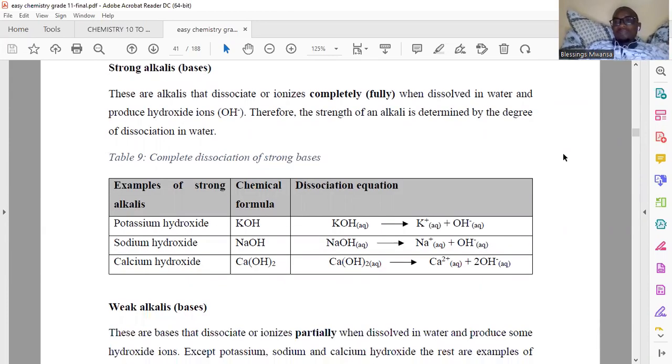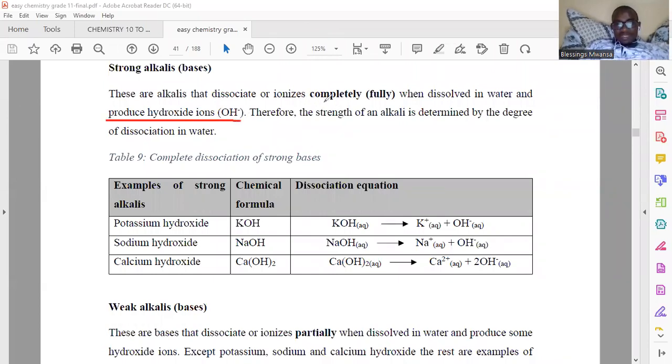Let's quickly look at a strong base. This is similar to the acids. A strong base is a base that dissociates completely or fully and produces hydroxide ions.